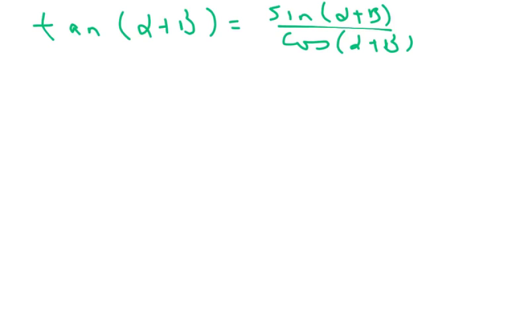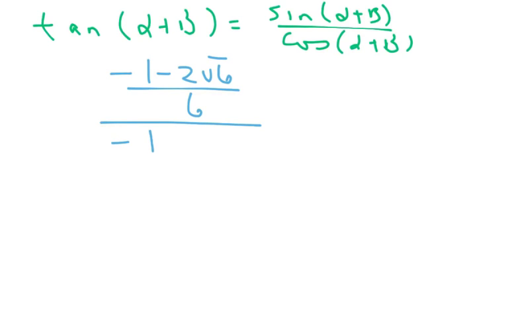My sine of alpha plus beta was negative 1 minus 2 root 6 over 6.